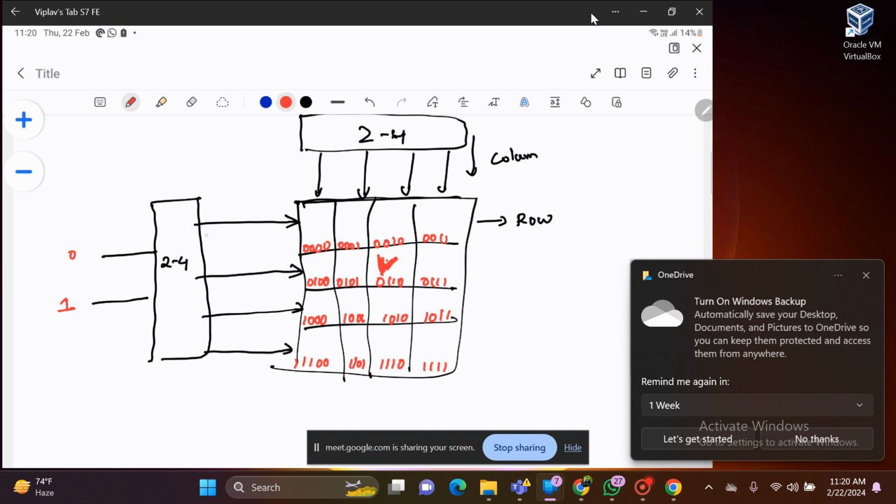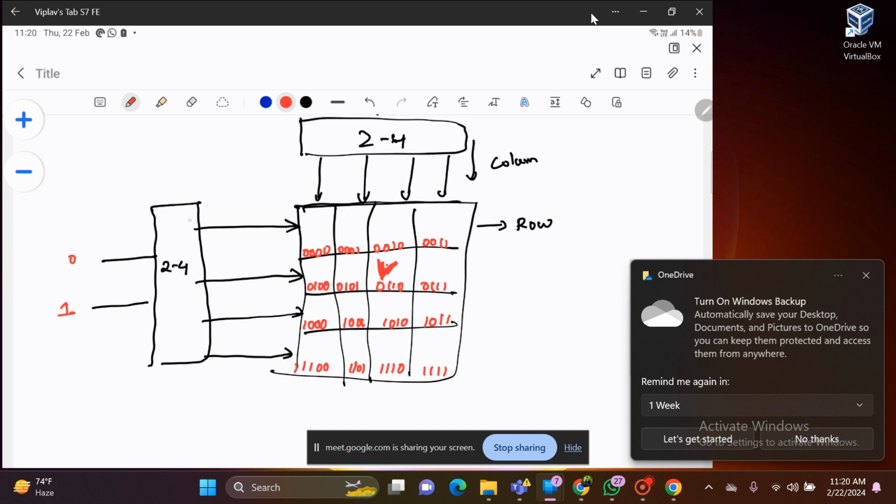There are 4 outputs, 4 lines I have drawn, 00, 01, 10, 11. The input is 01, so this pin gets enabled and all the other pins are disabled. That means this complete row is now in active state.